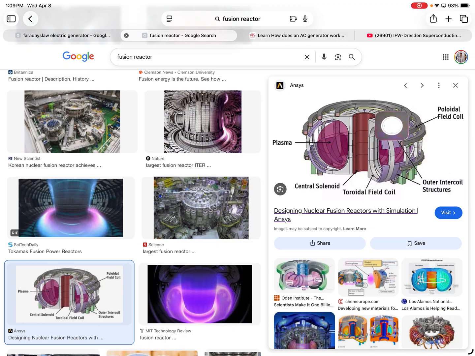So you have wires wrapped around that thing, and they're superconducting wires, and you have a high density of wires. The stronger the field, the hotter this gas can be. The hotter the gas, the higher the energy yield, and the more fusion reactions can happen.